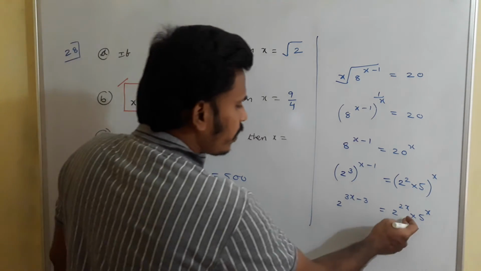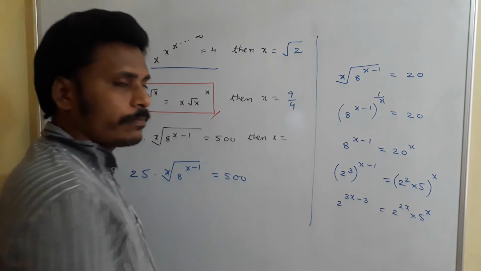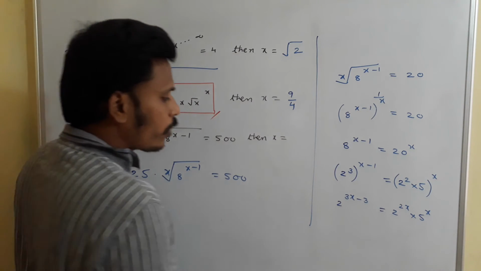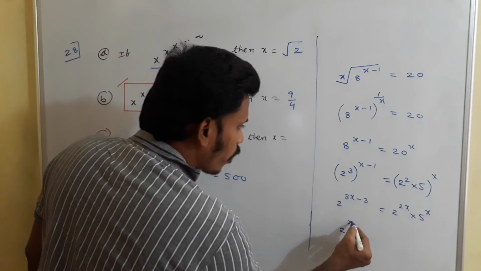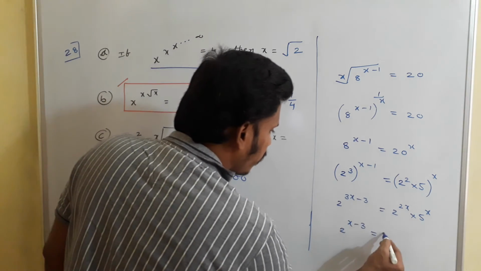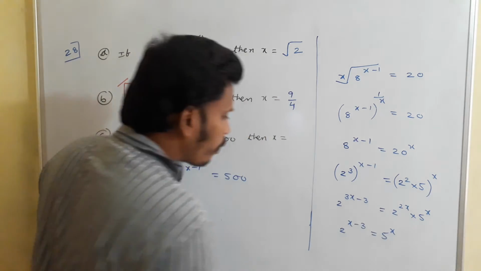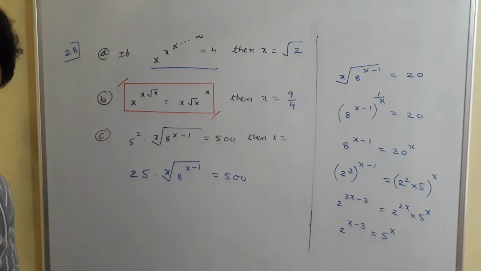If you send this 2 power 2x to this side, what will happen? Dividing by 2 power 2x, at the end you will get 2 power x minus 3 is equal to 5 power x. Just observe this and try to finalize the value of x.